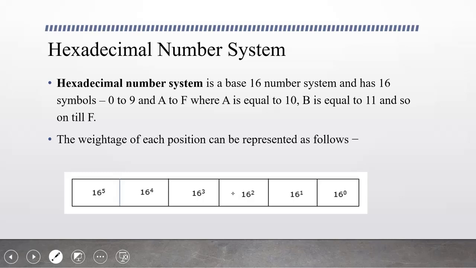This includes the 10 decimal symbols 0 to 9, and the 6 alphabets A to F, where A is equal to decimal 10, B is equal to 11 and so on till F. The weightage of each position is a power of 16, because hexadecimal has 16 symbols, the 10 digits plus the 6 alphabets.